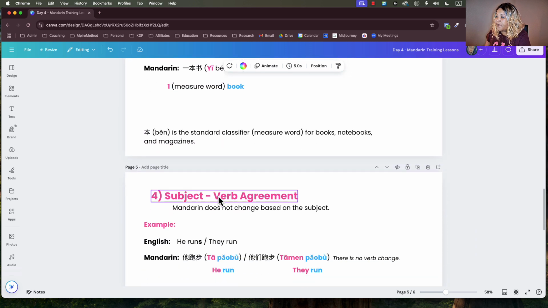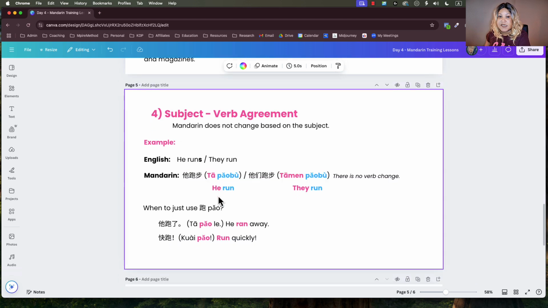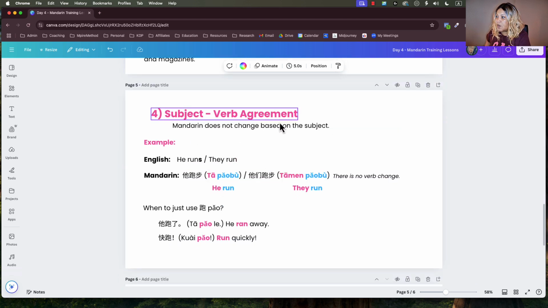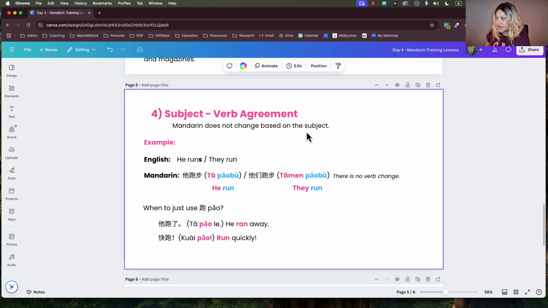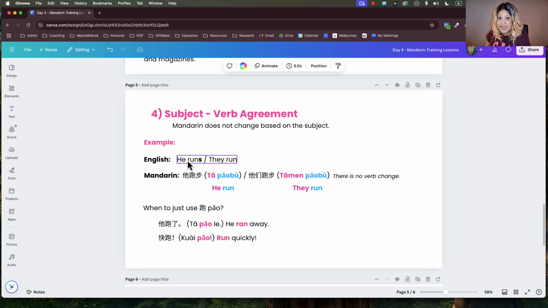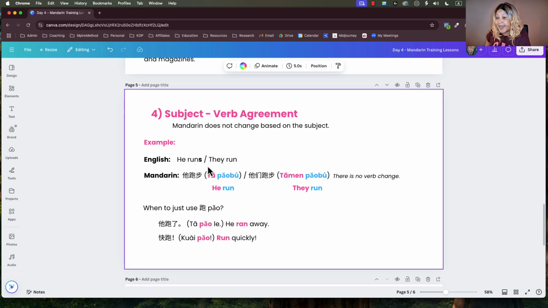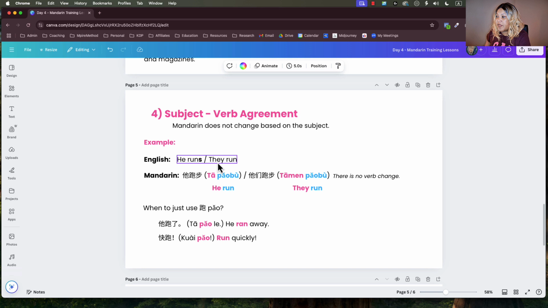Now, the fourth way it is different is the subject-verb agreement. So Mandarin does not change based on the subject that you're talking about. So the subject in this case is he. So in English, we would say he runs, or he ran, like past tense in English, or they run.